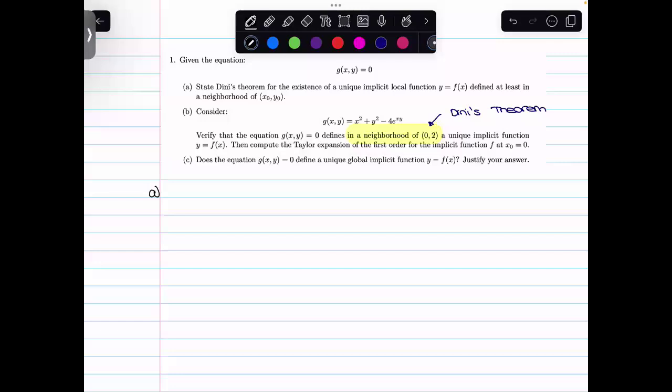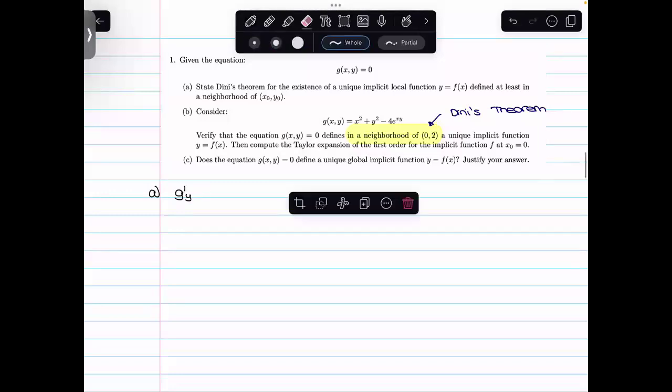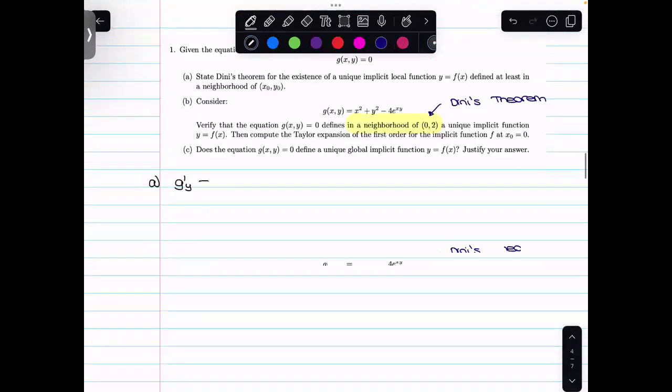So the idea with Dini is just that we can be sure that we have a unique implicit local function as long as the derivative with respect to y is different from 0, which graphically basically means that you don't have a vertical tangent at that point.